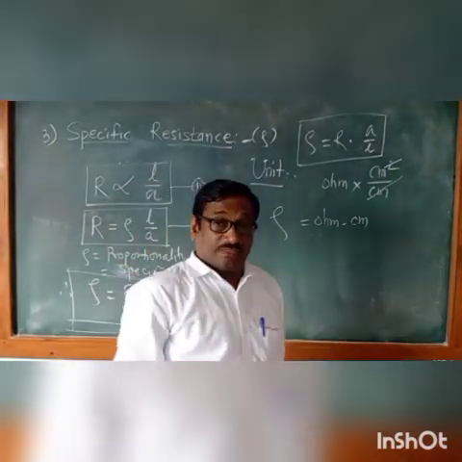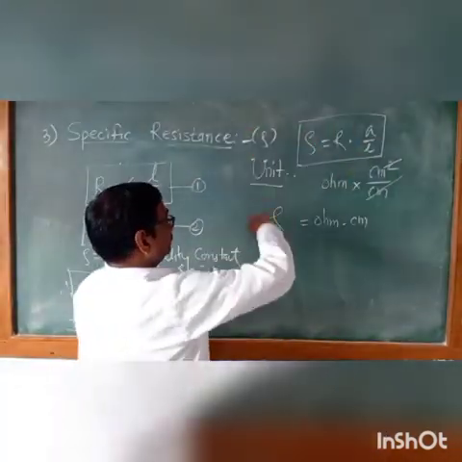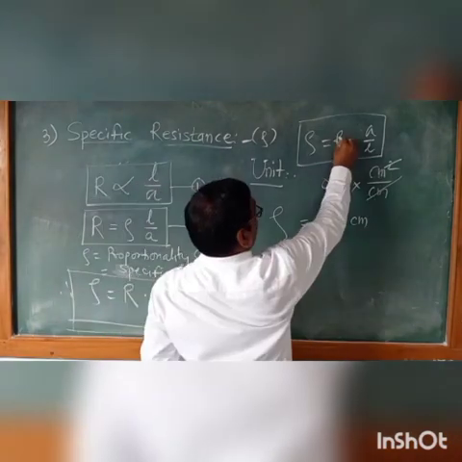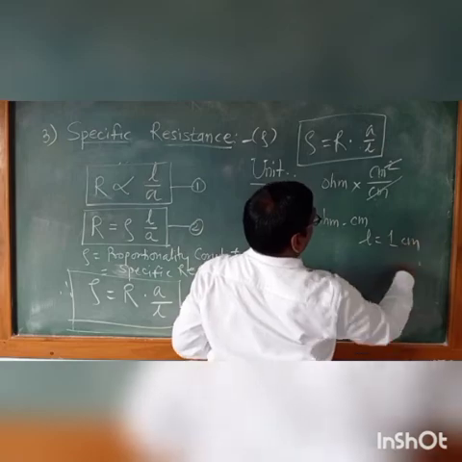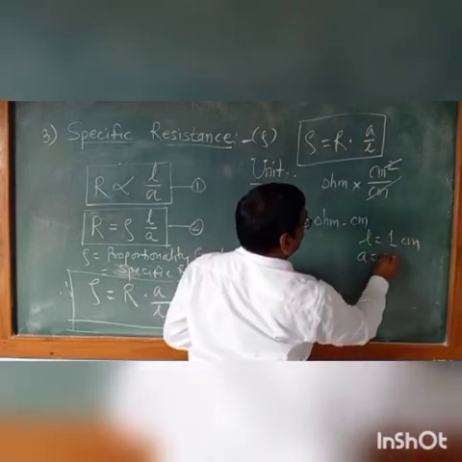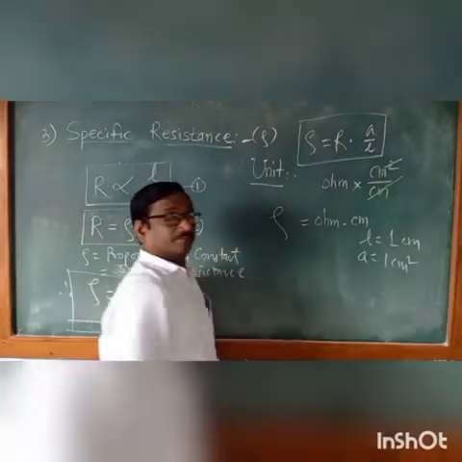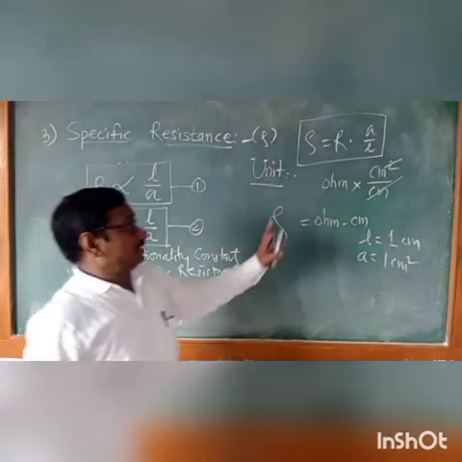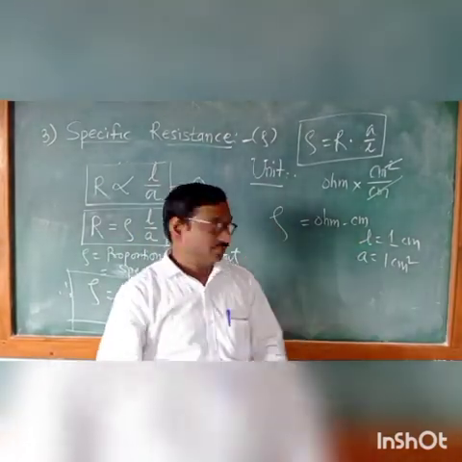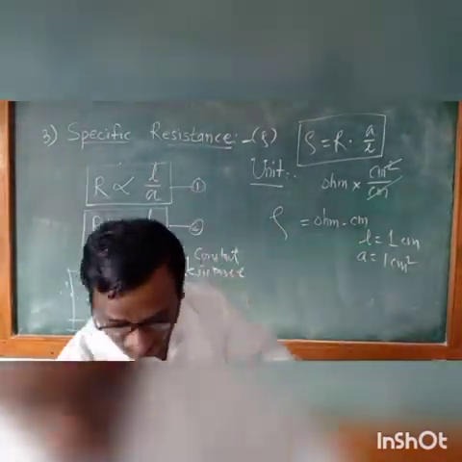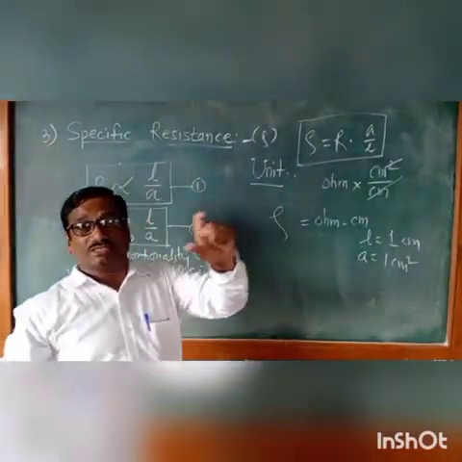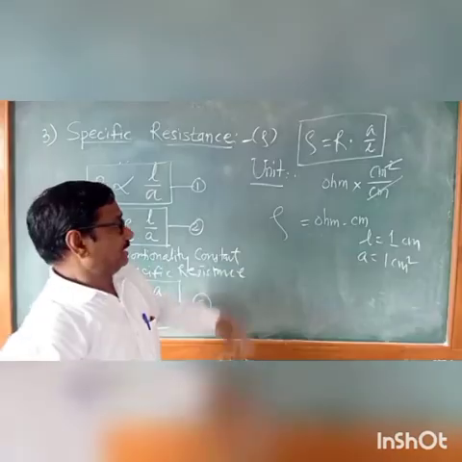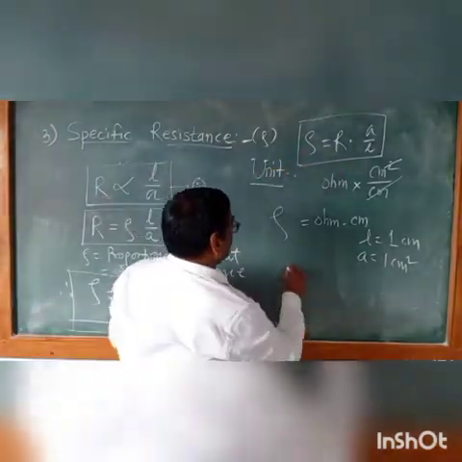Now, if L is equal to 1 centimeter and A is equal to 1 centimeter square, these electrodes are at a 1 centimeter length and this area is 1 centimeter square, and the length L is fixed at 1 centimeter. Then what will this equation be?